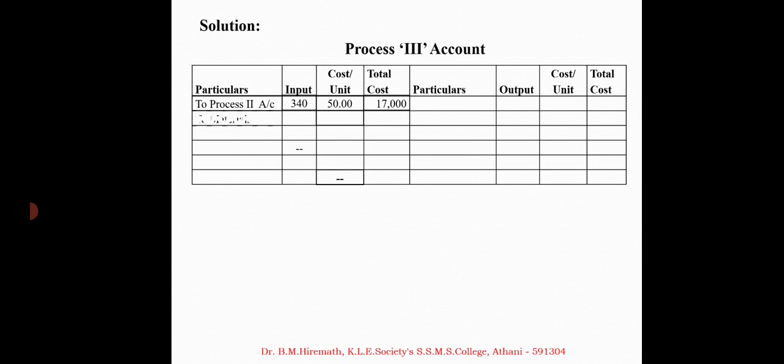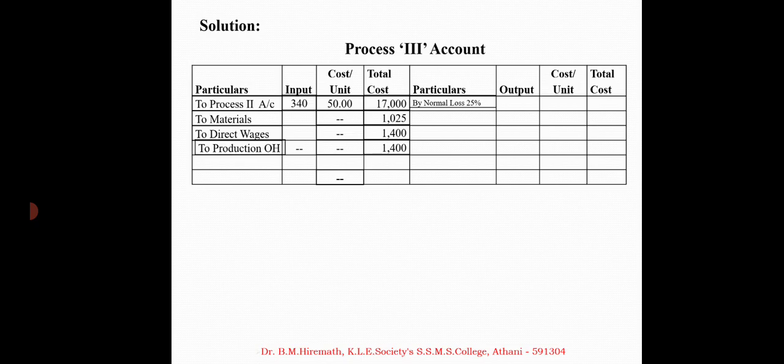Then other expenses, to materials 1025, then to direct wages 1400, to production overhead 1400. Then go for normal loss.